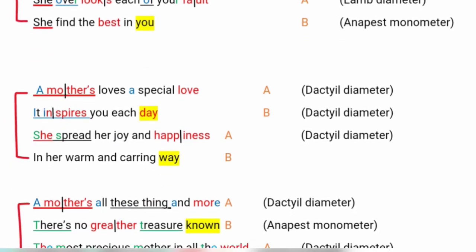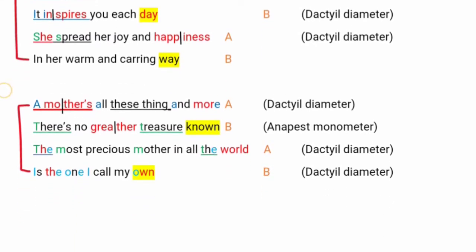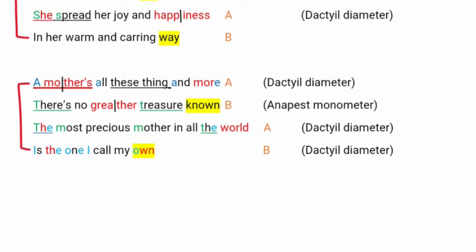In the second stanza, in the second line and fourth line, you can see the end of the words is day and way. And in the last stanza you can see the word known and own.